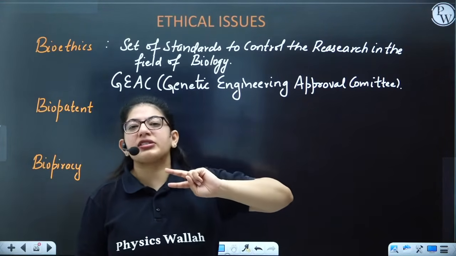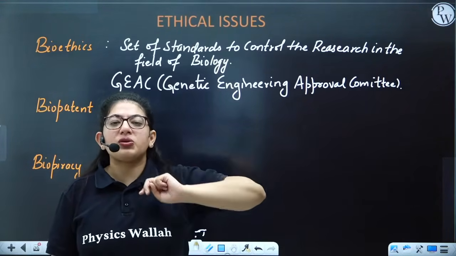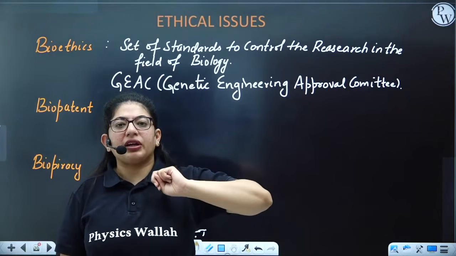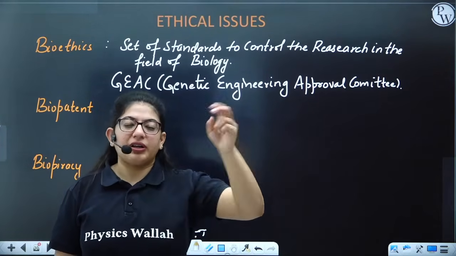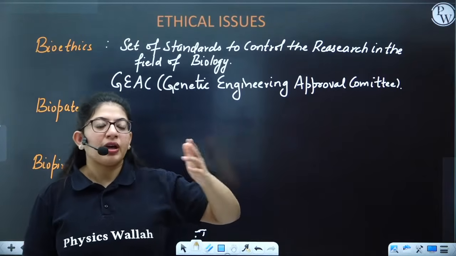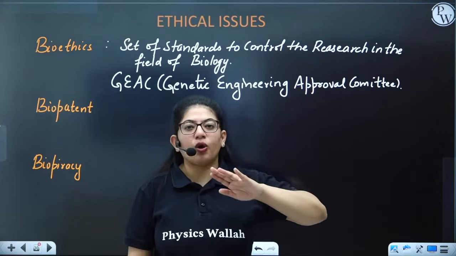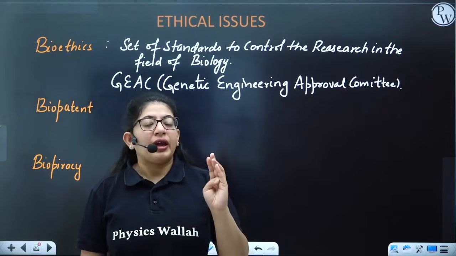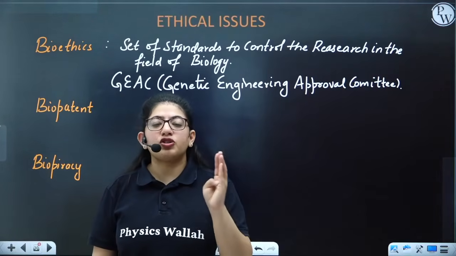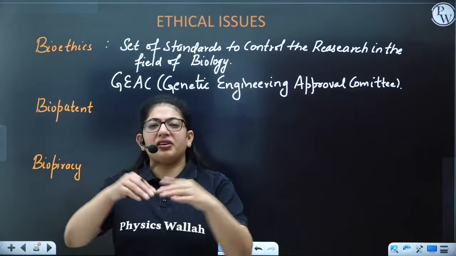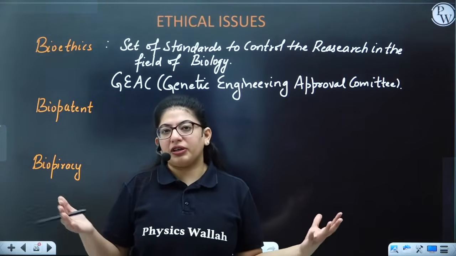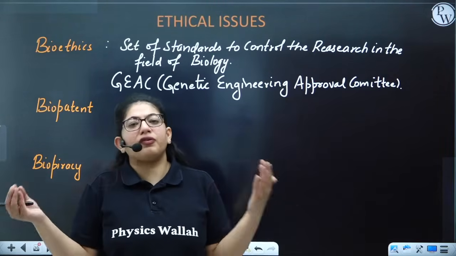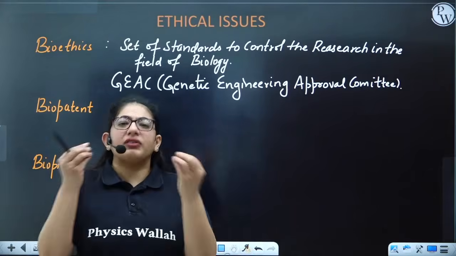For example, if out there in the western world someone says use turmeric, it will help in wound healing, but in India we already know about it, right? So that's absolutely obvious, so you will not give a patent for it. And the third one is utility. It should be of use. If I invented something and it is of no use, I will not get a patent. Why? Because it's not good for human welfare or any other animal or even the environment.